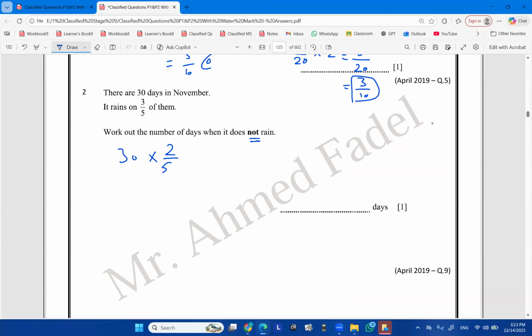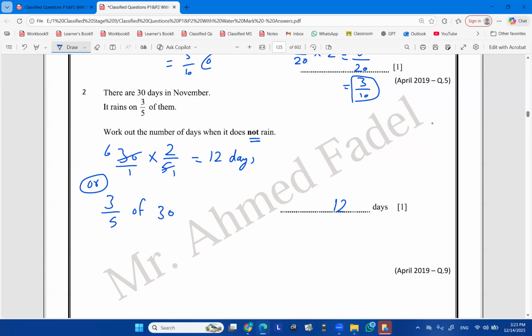You're going to find that here it is simplifying, as we agreed, cross-canceling. Divided by 5 here is 1. Divided by 5 here is 6. So it is going to become 12 days exactly. Someone else might say, mister, I'm going to get the 3/5 of 30.